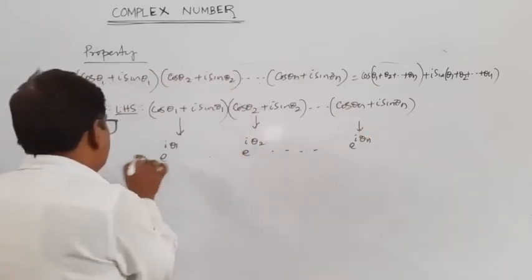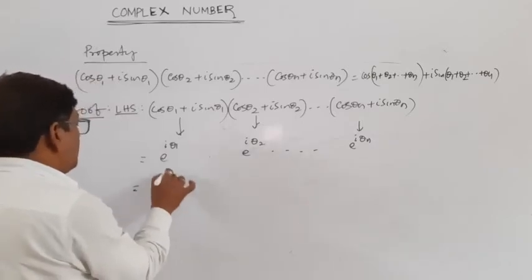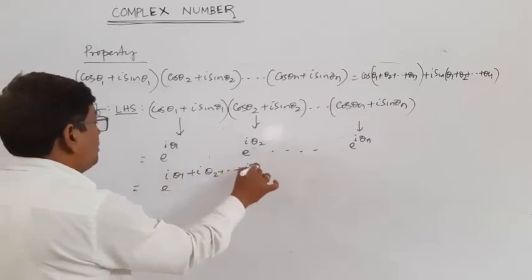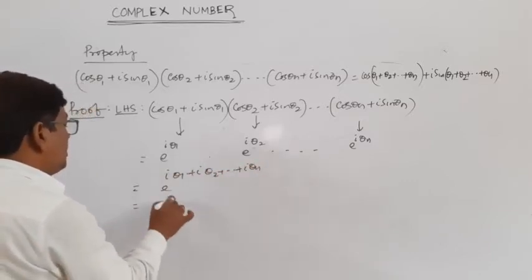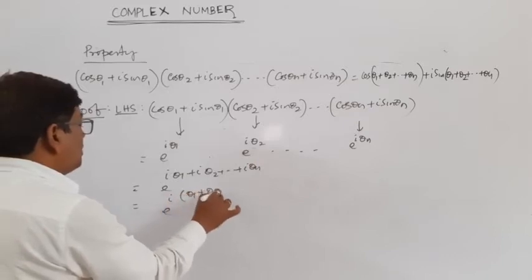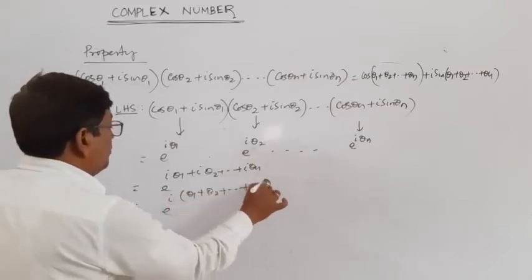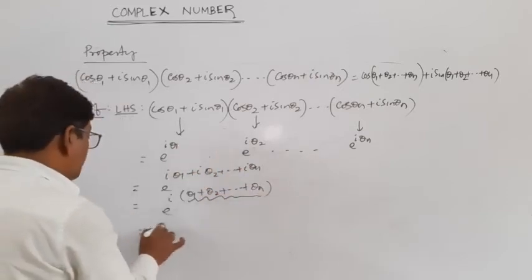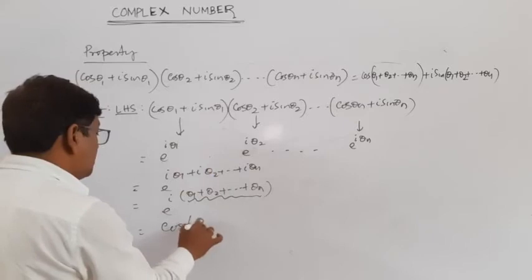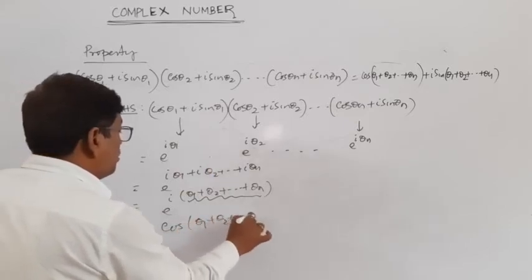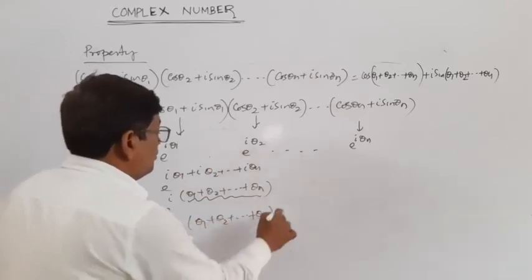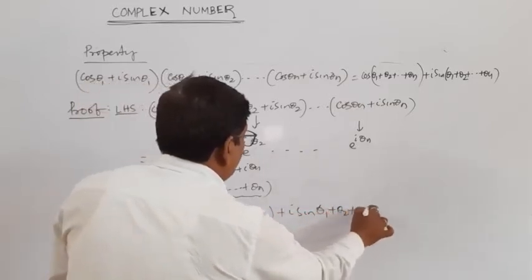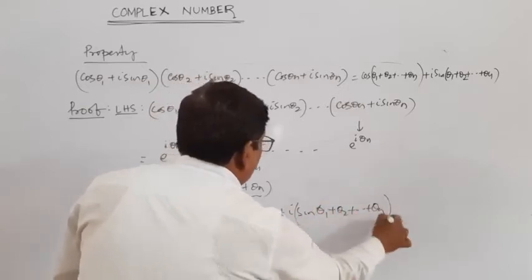So this is e to the power i theta 1 plus i theta 2 plus up to i theta n, which is i common, theta 1 plus theta 2 up to theta n. Considering this whole term as theta, we get cos of theta 1 plus theta 2 up to theta n plus i into sin of theta 1 plus theta 2 up to theta n, which is equal to the right hand side.